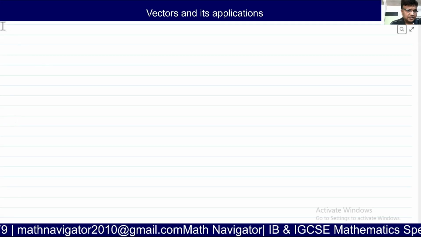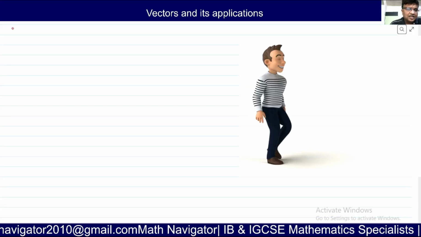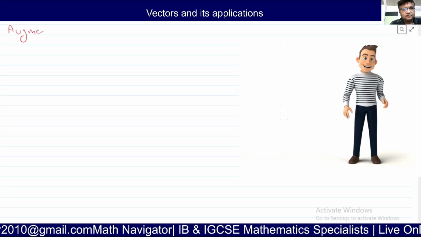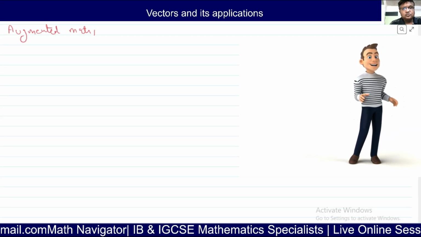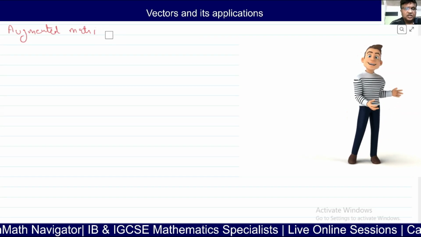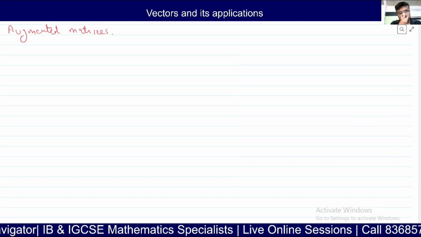So let's start it. In the last video, we have done augmented matrices. What was the use of augmented matrices? You need to see my video. The link for the video is given in the description below.